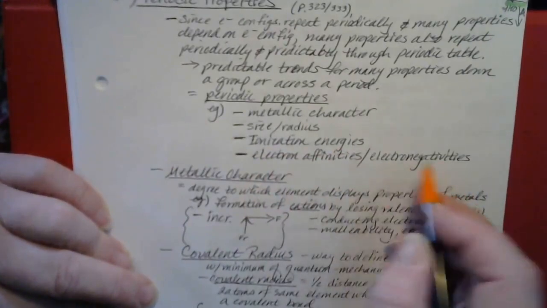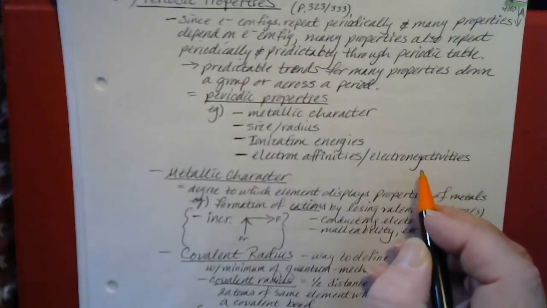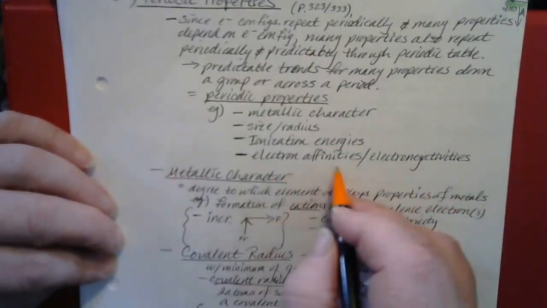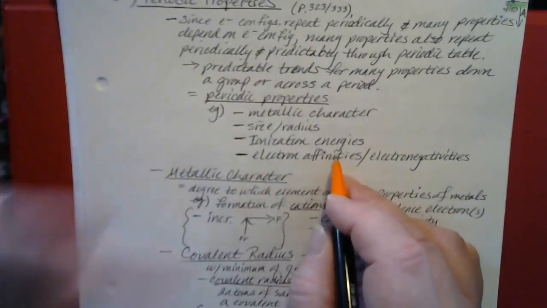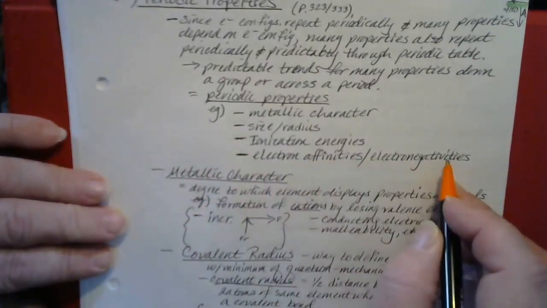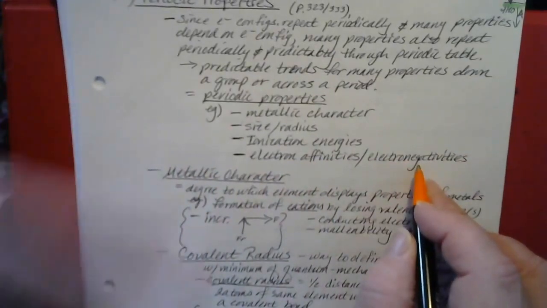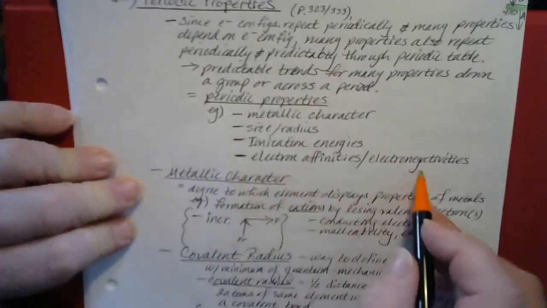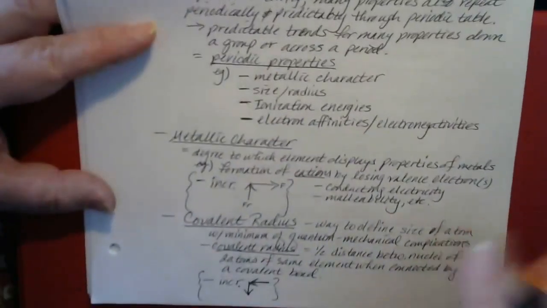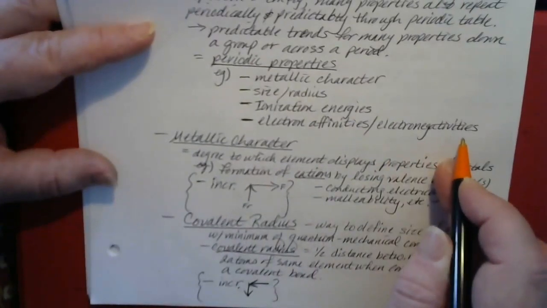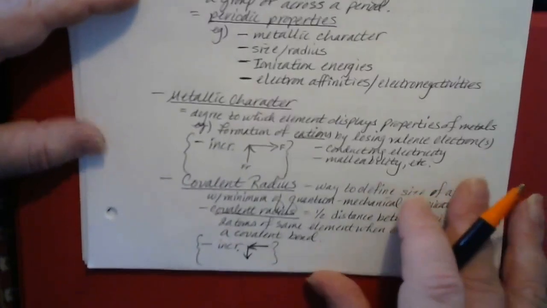Electronegativity is the attraction that an atom has for electrons within a bond. Electron affinity is basically the attraction that an atom has for electrons when it's a free atom, but electronegativity is the attraction when it's involved in a bond. They're not exactly the same thing, although they are related to each other. We'll go into electronegativities in a lot more detail in the next chapter. So there's something to look forward to.